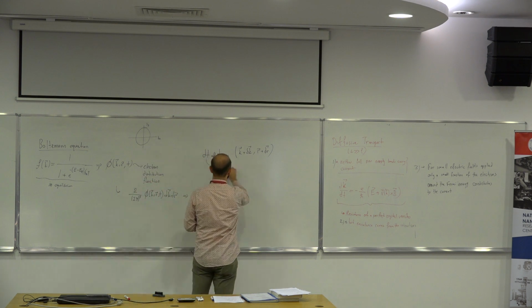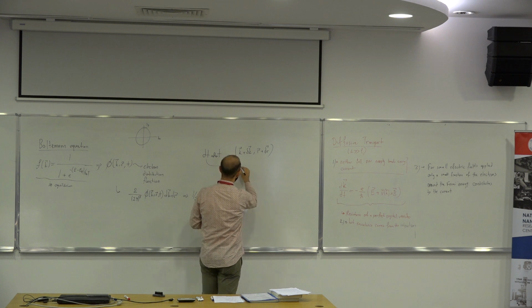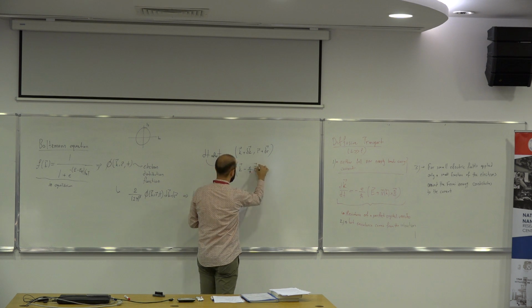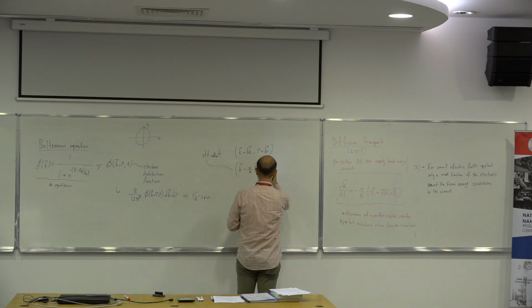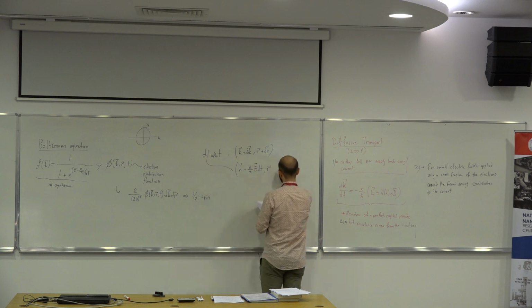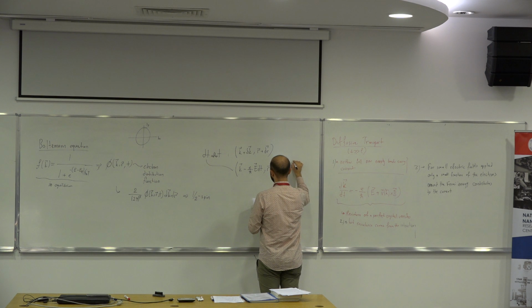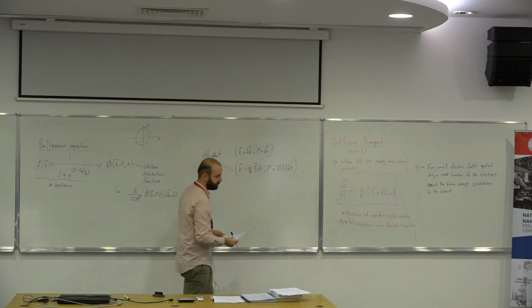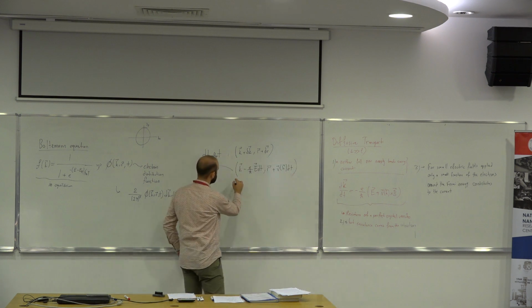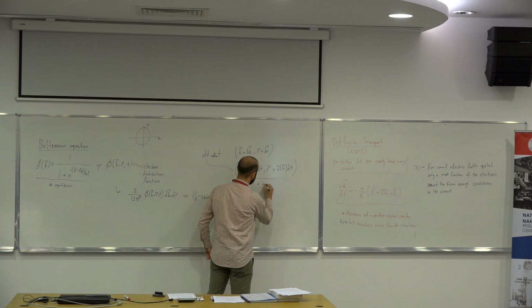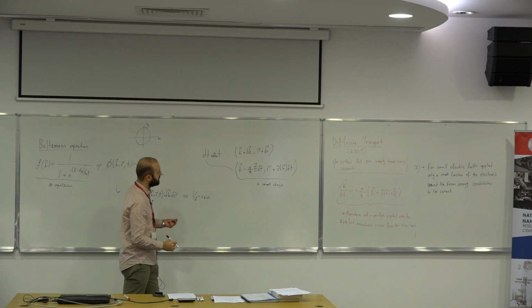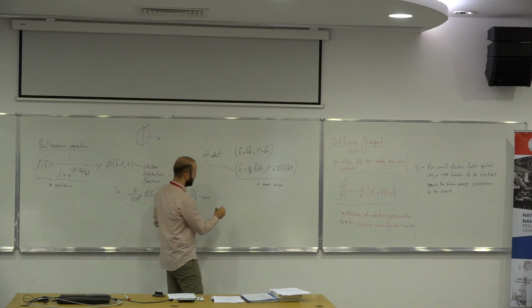And this change will be something like this. That's E or h bar, E dt. Then my r will be changed by some velocity times dt. Okay, so this is a small change. Basically, what I'm telling here is this.